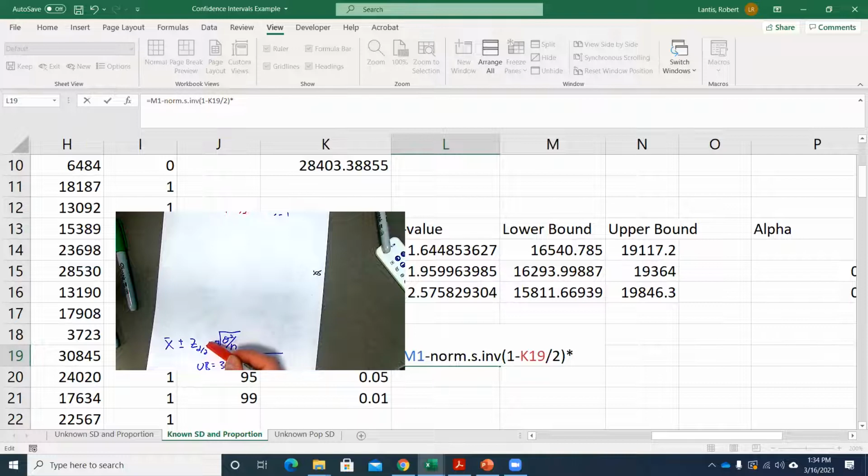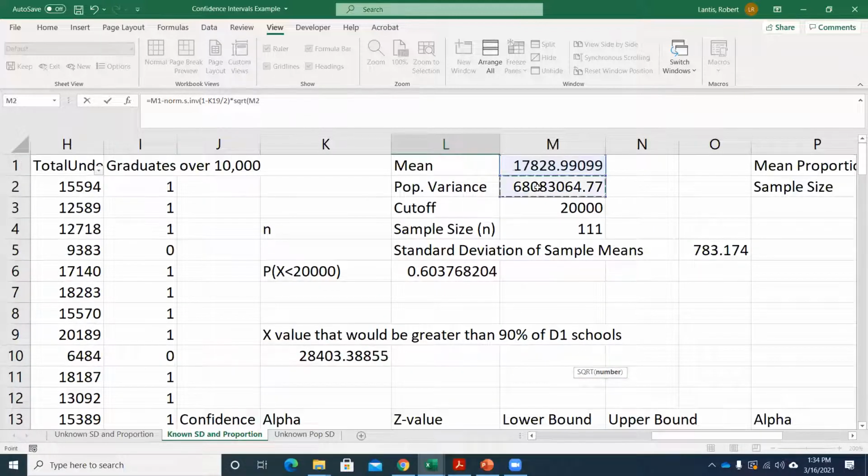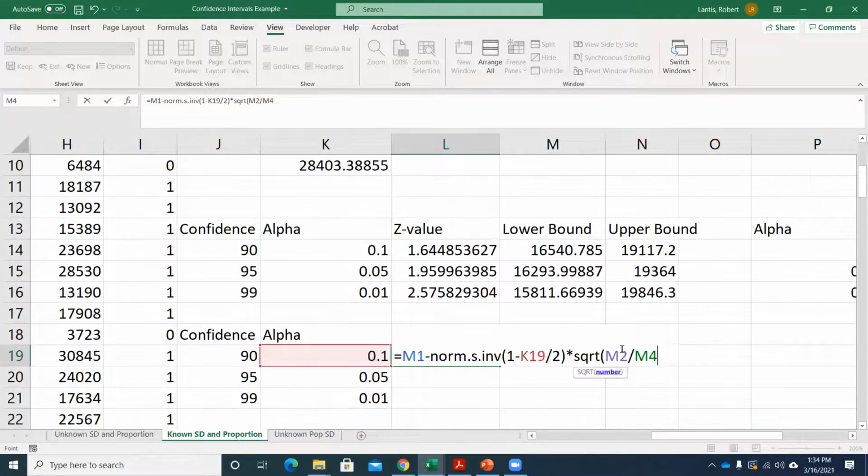So then I need to multiply by the square root of the original variance of the data I sampled from divided by my sample size. Okay? So there, I'm going to multiply by the square root of the original variance divided by my sample size.